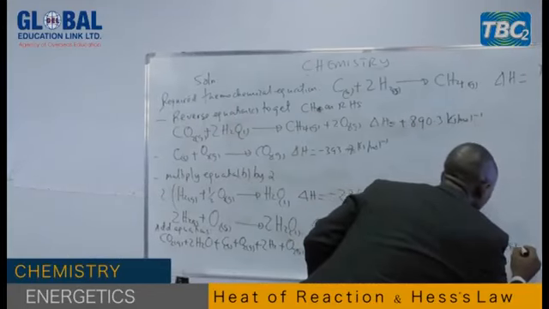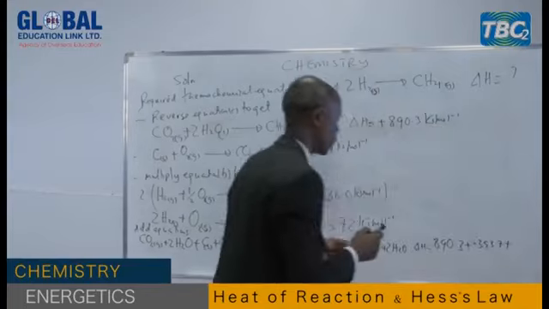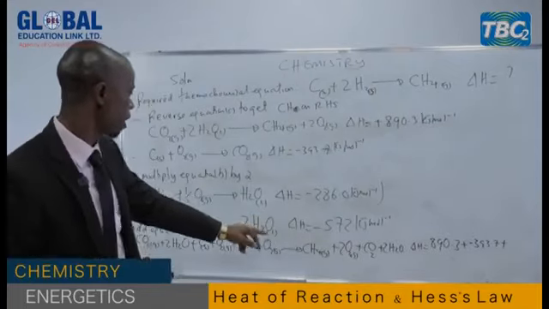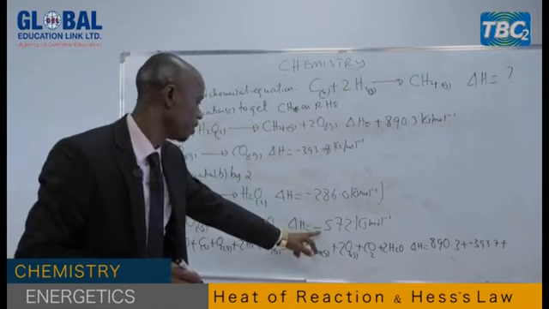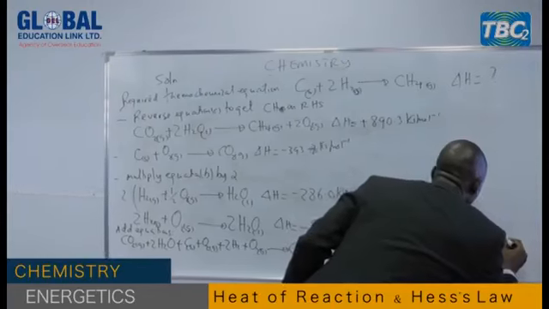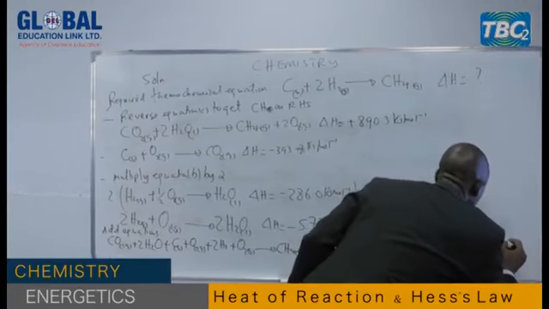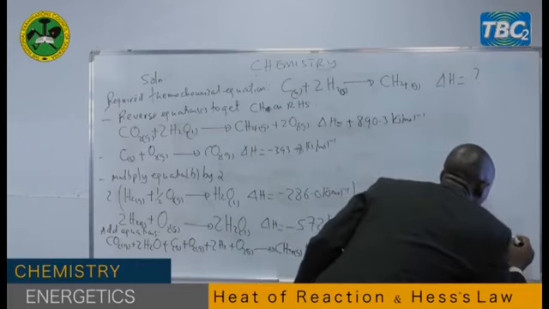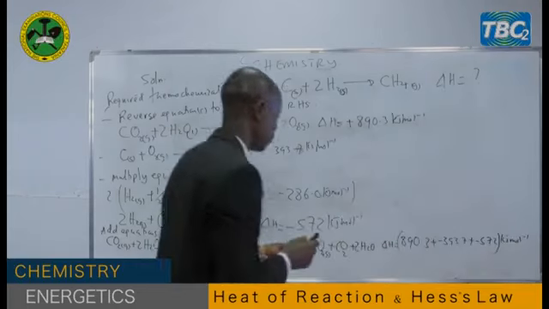The third one is negative 572 kilojoules per mole. All these are in kilojoules per mole.